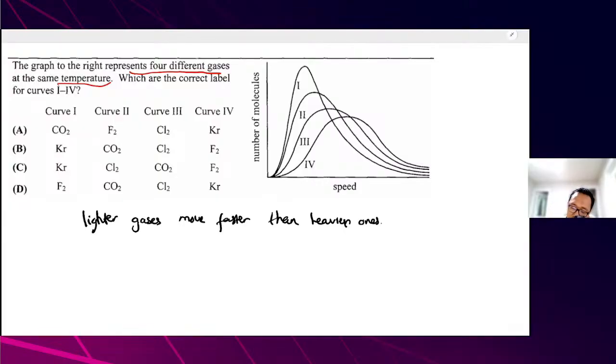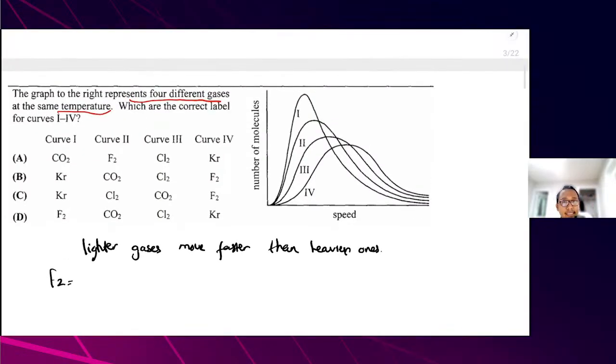So now let's take a look at the option F2. If we are looking at the molar mass, F2 is just 38. This is the concept. Actually, we have a specific equation like this one, RT, and then this is MM.